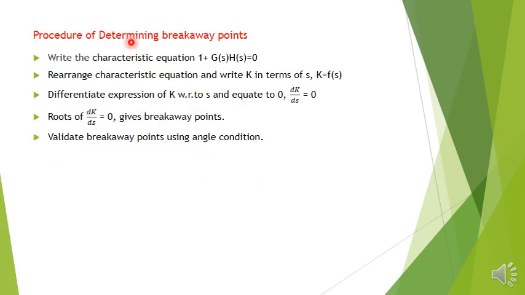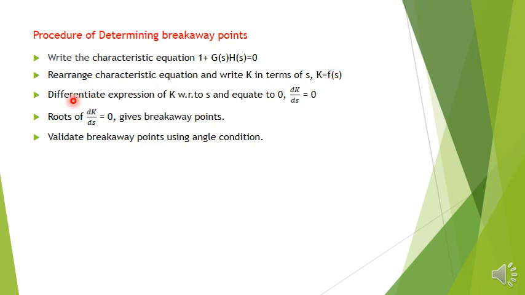Now how to find out the breakaway points? Procedure of determining breakaway points. First thing, write the characteristic equation 1 plus G(s)H(s) equals 0. Then rearrange the characteristic equation and write K in terms of s, K as a function of s, K equals f(s).